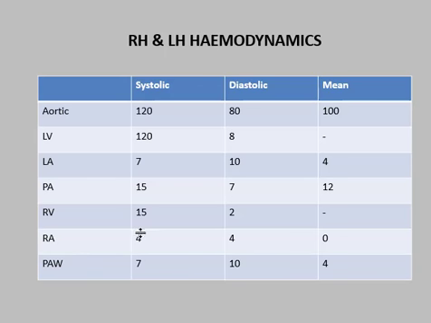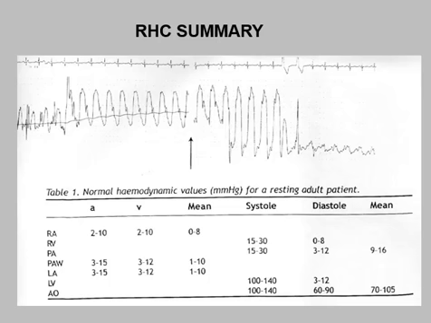The right atrium is A of 4, V of 4, and mean of 0. And a pulmonary artery wedge is 7, 10, and 4. You must memorize these because in another slide we show another two components showing the normal range of values. And to understand whether something is abnormal or not, you must understand whether it's first within the normal range.